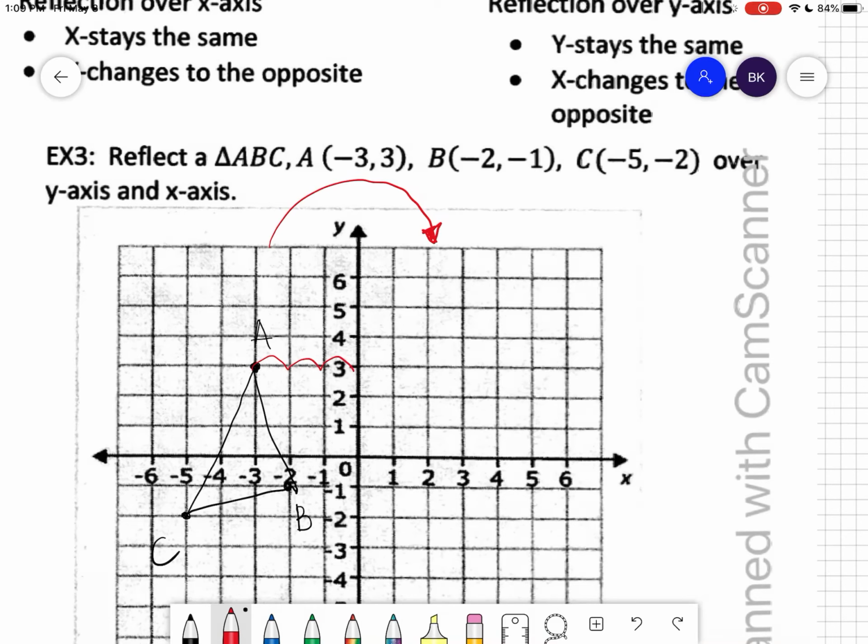And then you can count 1, 2, 3, 1, 2, 3, and that would be your A. Same thing for B, 1, 2, 1, 2. And C, we will have 1, 2, 3, 4, 5 units, and then 1, 2, 3, 4, 5 units right here.